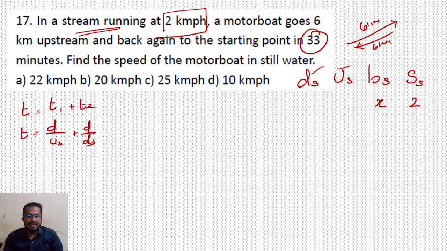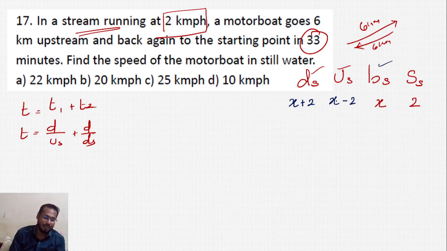So ds is nothing but x plus 2, and us is nothing but x minus 2. From this we're going to solve everything. One thing I want to tell you guys: if bs is given and ss is x, your answer will be a perfect single answer for x. But if bs is not given and ss is given in the question, your answer will be a quadratic equation. You get x in two ways, two answers, so take the positive answer. I'll tell that initially itself.